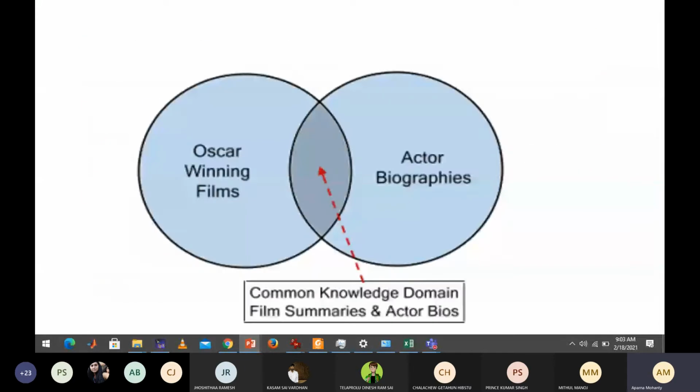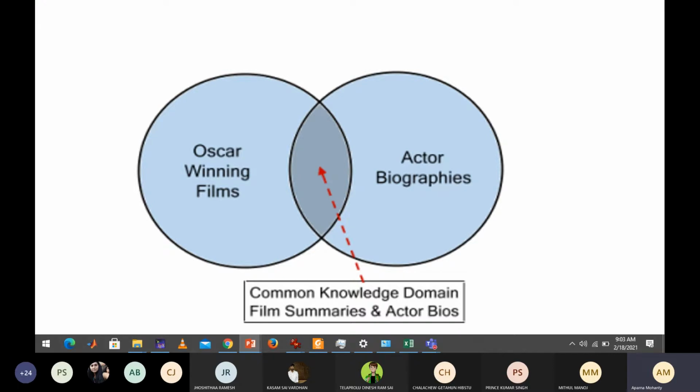I gave you this example for semantics. Suppose you have two different sites. One site contains information regarding the Oscar winning actors, and every other piece of information, like when the star started acting, and for which movies he or she got the National Award or the Oscar award.